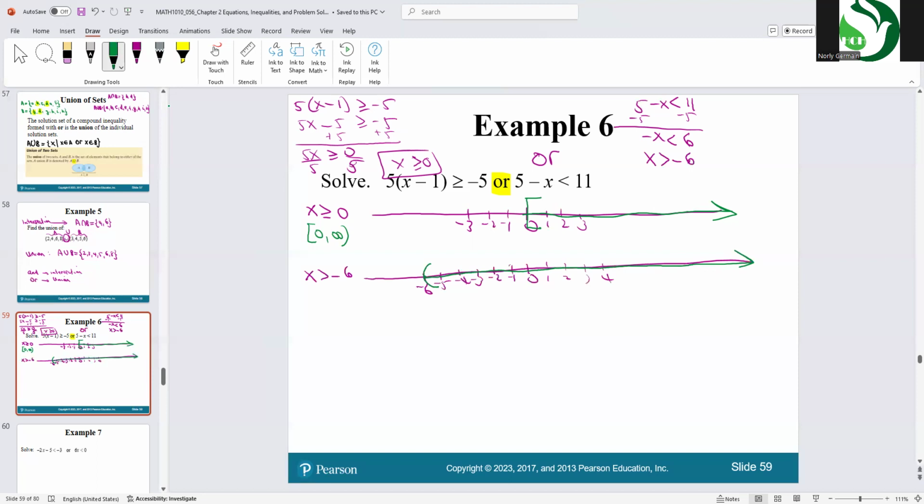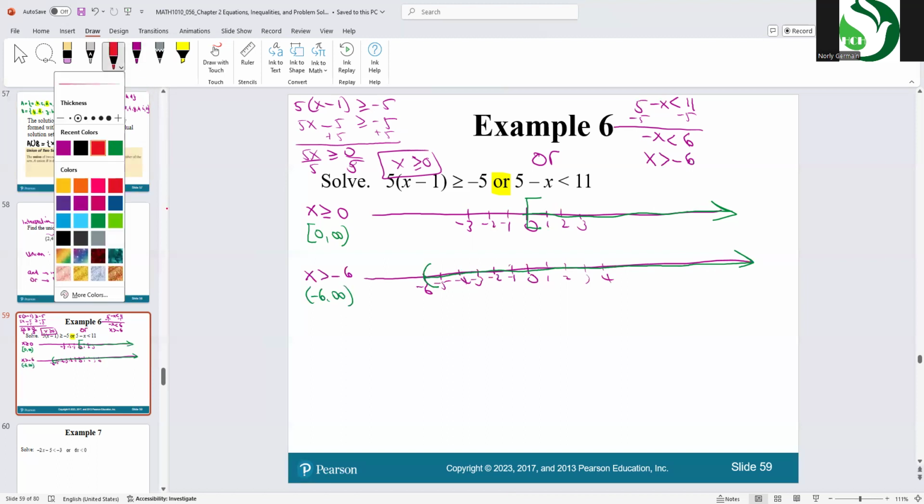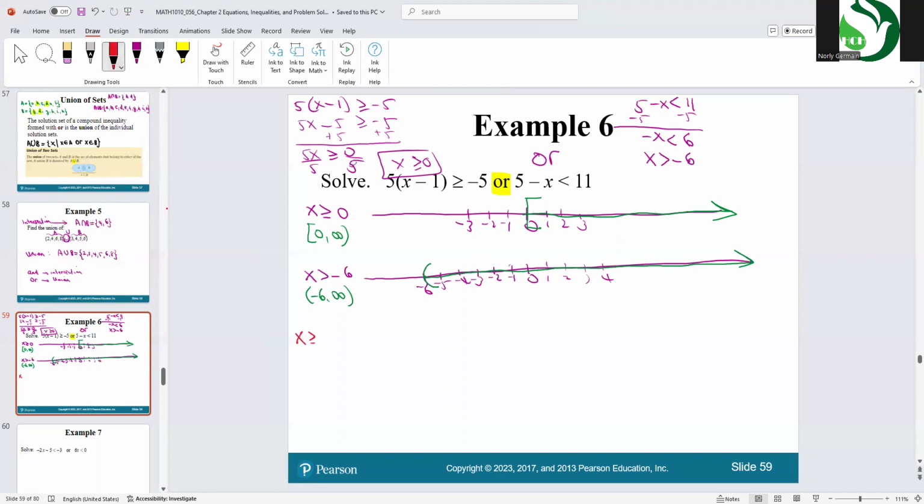Now, if we were doing the intersection, we're going to take only 0 to infinity for the solutions. Here, remember, we have -6 to infinity. But now our goal is to graph x greater than or equal to 0 or x greater than -6.